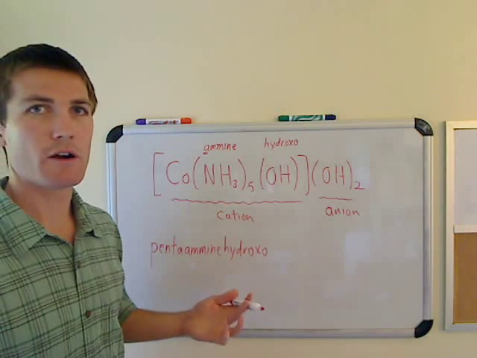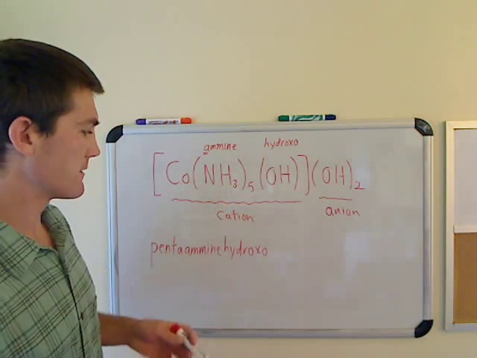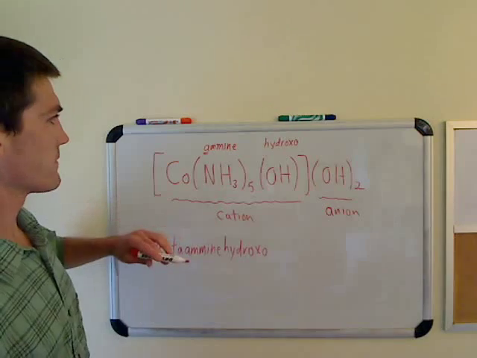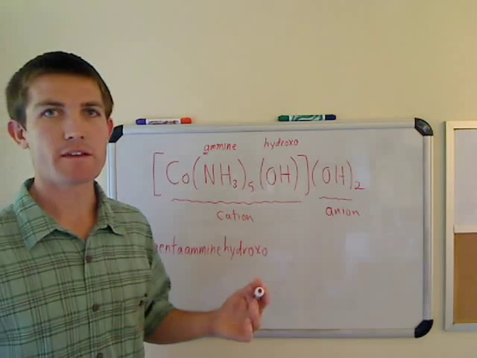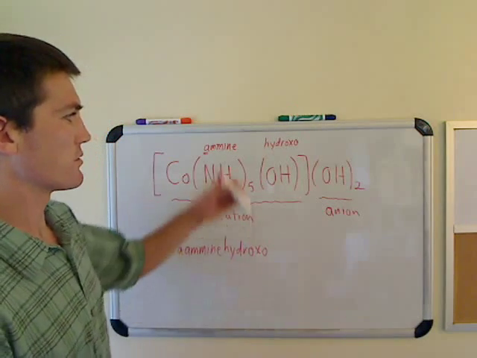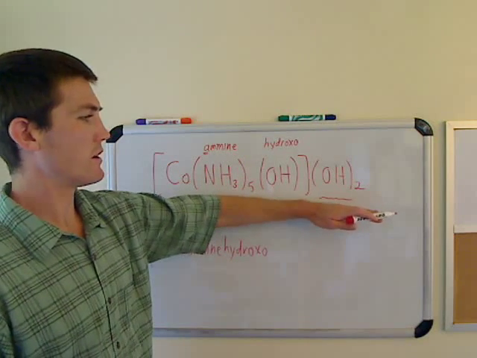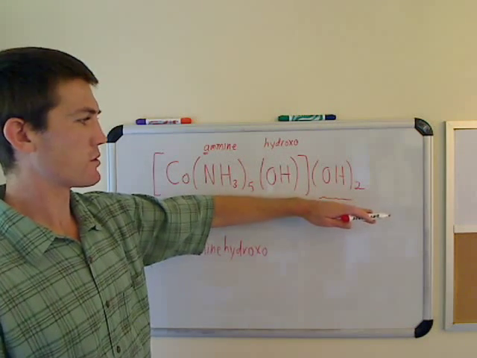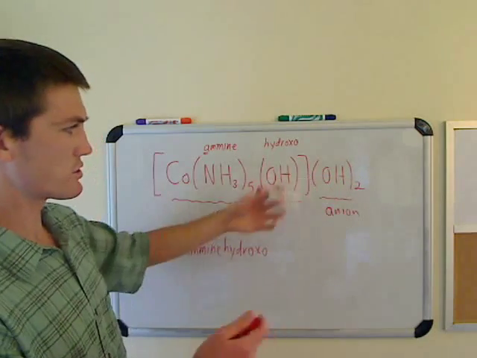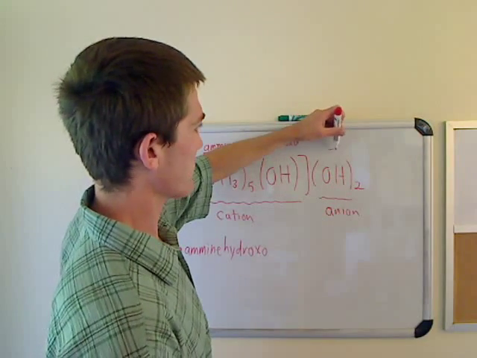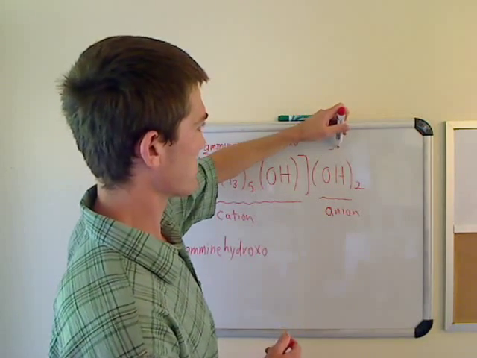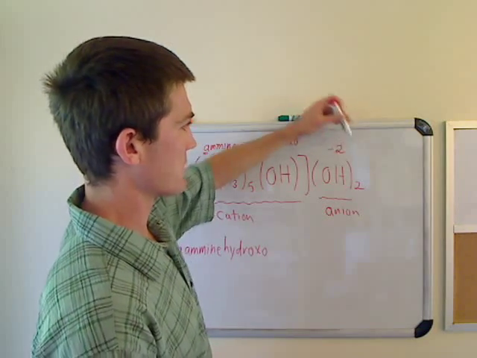Now we need to add our metal ion in there. So we have cobalt, and we need to indicate the charge of the cobalt. This is an overall neutral molecule. The coordination compound as a whole is neutral. There's no charge written. Hydroxides are usually -1, so we have 2 of them.